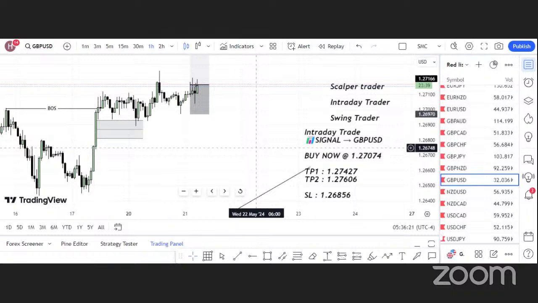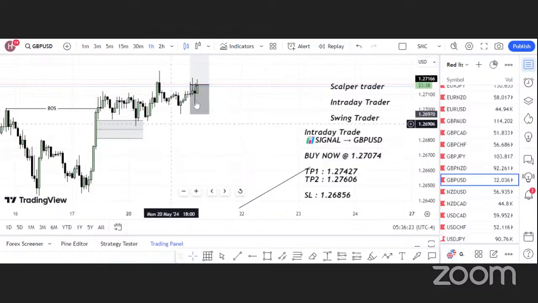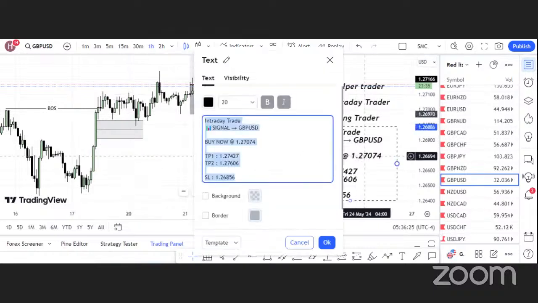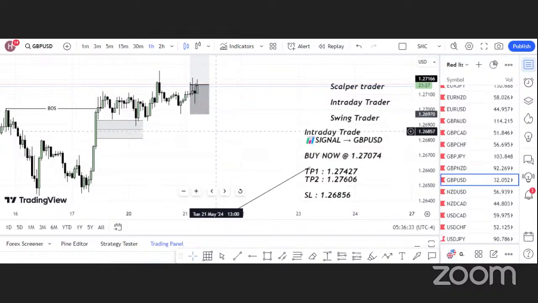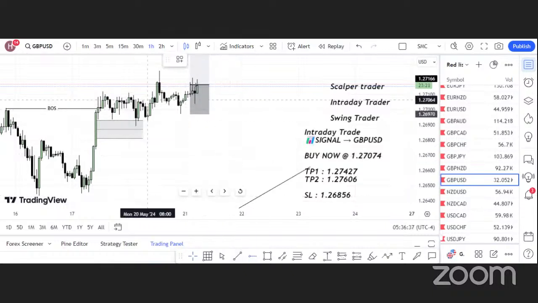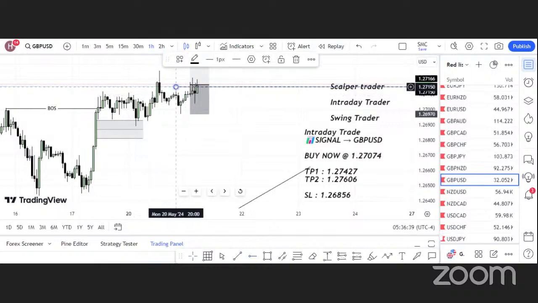Here's another thing you can do. You can just go to your chart, then copy the number in front of the buy now. Then go to your chart and see if the market has moved from there.